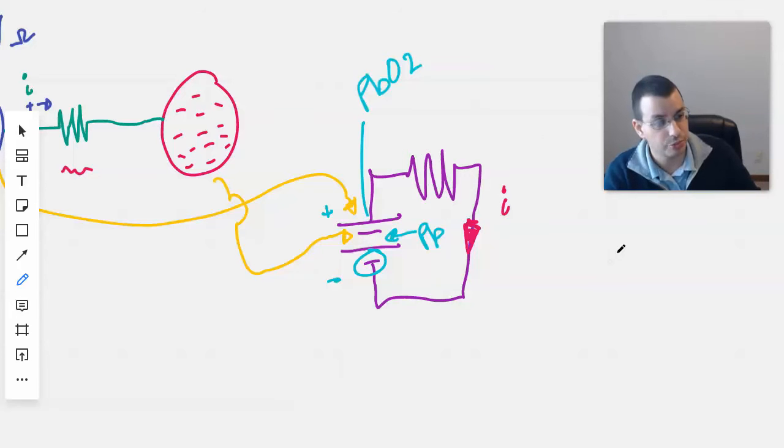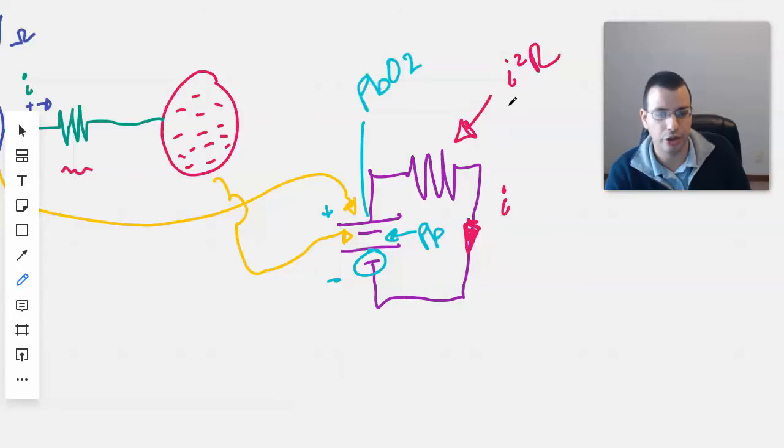So, positive charges flowing in the positive direction. These positive charges then encounter some resistance. They release some energy in terms of I squared R, where you take the amount of current you have, measured in amps, square it, and multiply it by the resistance, measured in ohms, and that's how much power you lose.